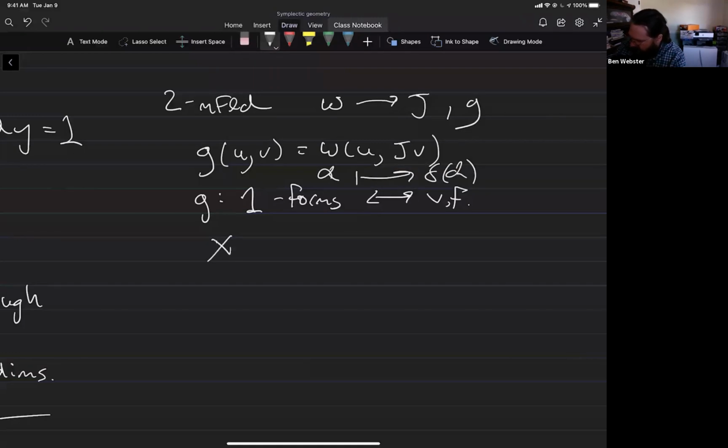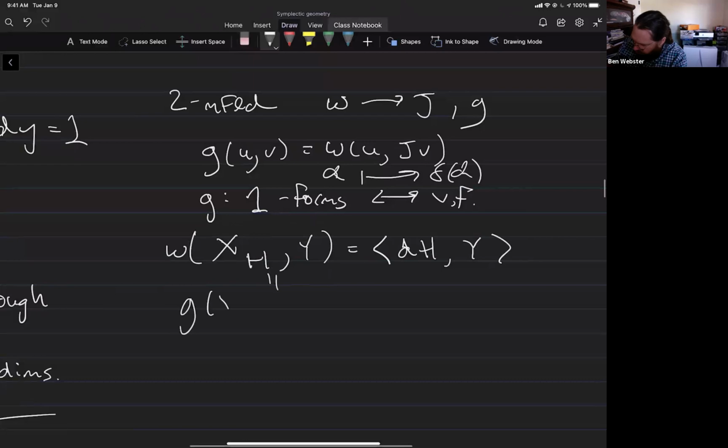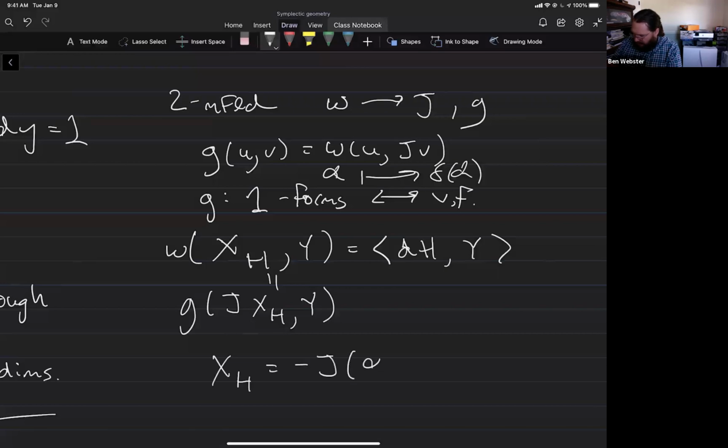So in this case, I want to solve the equation that the symplectic form eating X_H and Y is equal to the pairing between dH and Y. On the other hand, this is g of X_H, Y. And so what I'm finding here is that X_H is minus J times delta of dH.